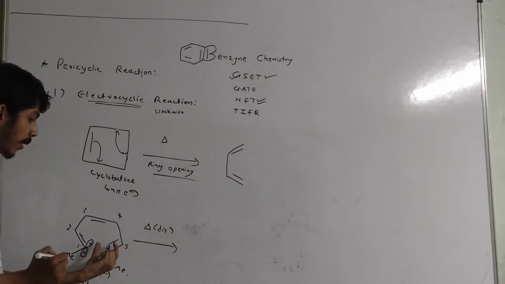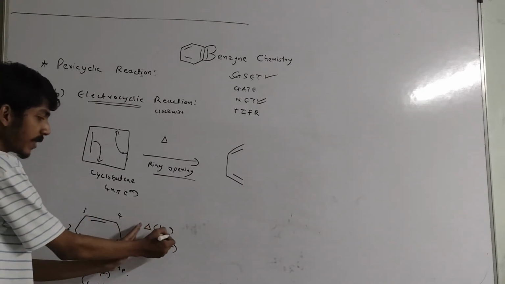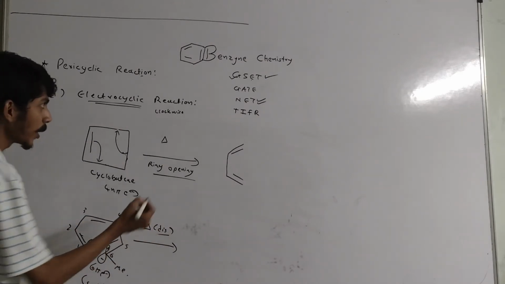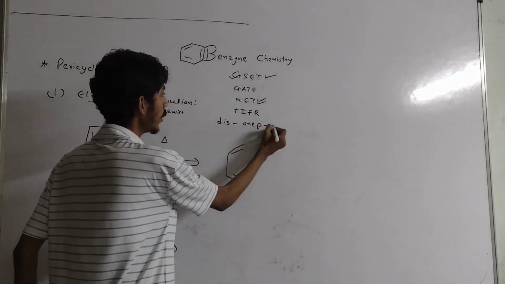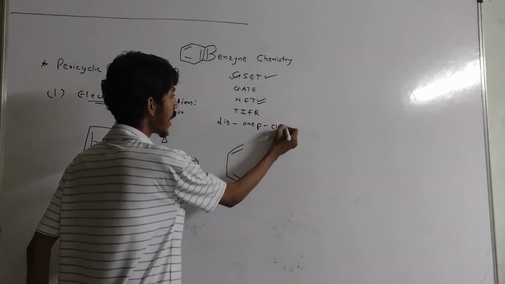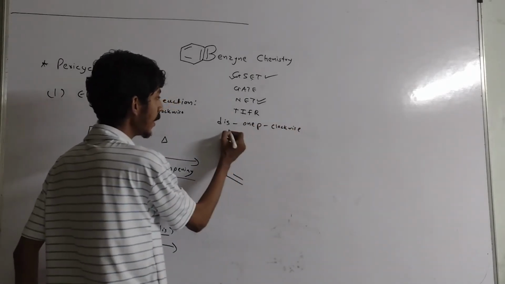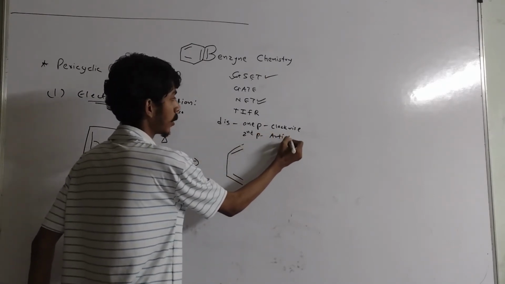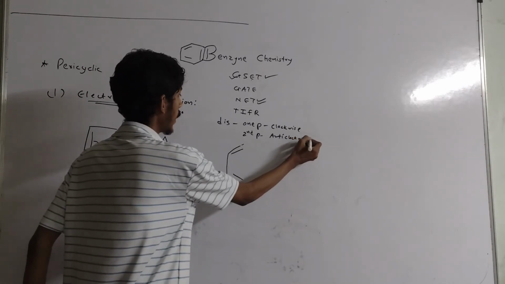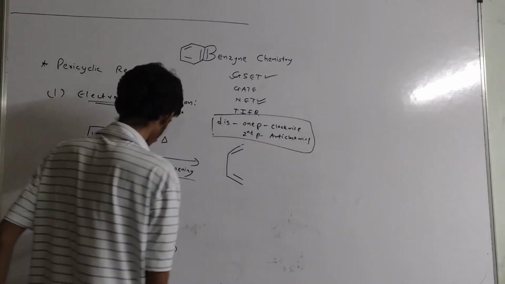In heating condition, the rotation is this rotation. Okay, what is this rotation? This rotation means one p orbital goes in the clockwise direction and the second p orbital goes in the anti-clockwise direction. Okay, you just have to remember this thing.